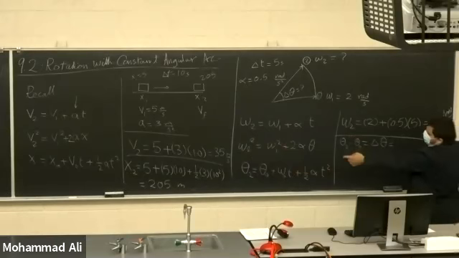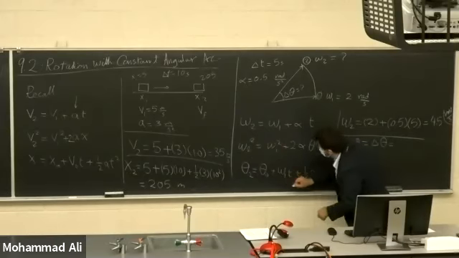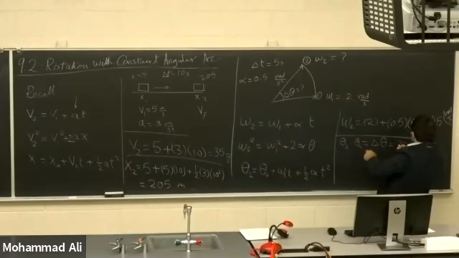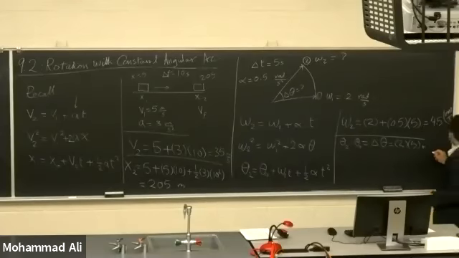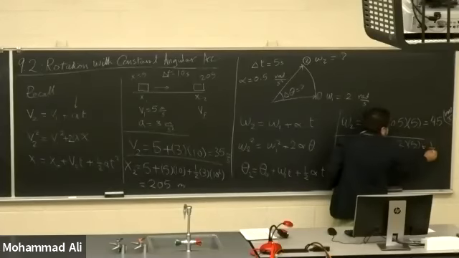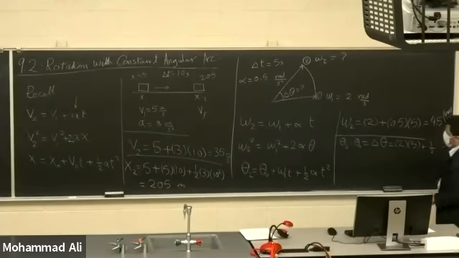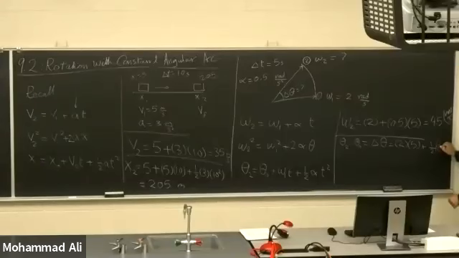Omega naught, which is omega initially or omega 1, if you like, will be 2, multiplied by the time, which is 5, plus half multiplied by alpha, which is half also, and the time squared.